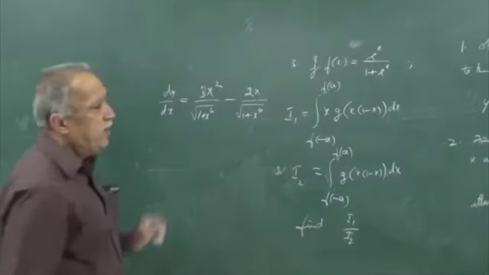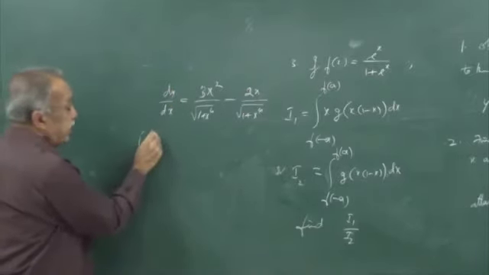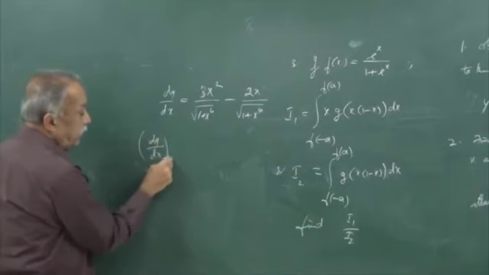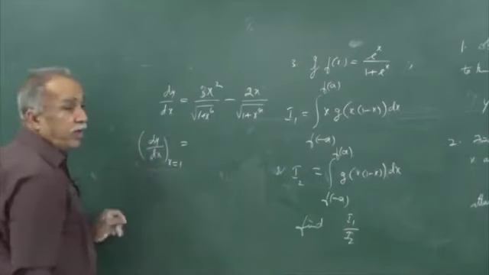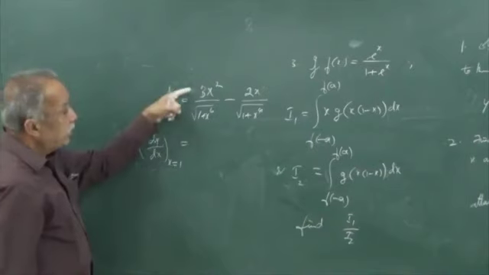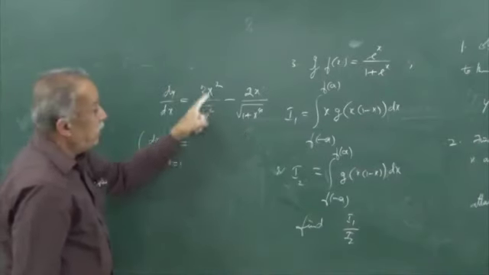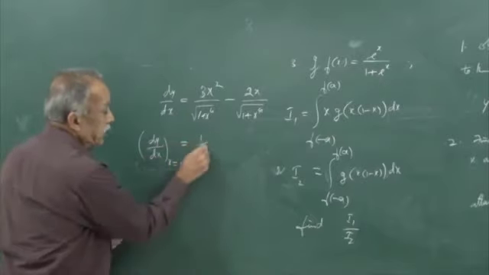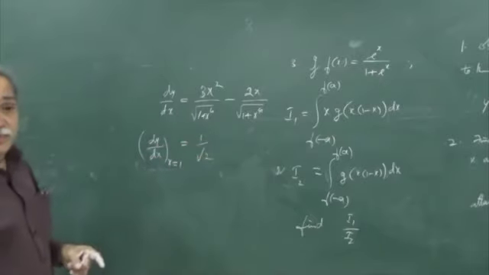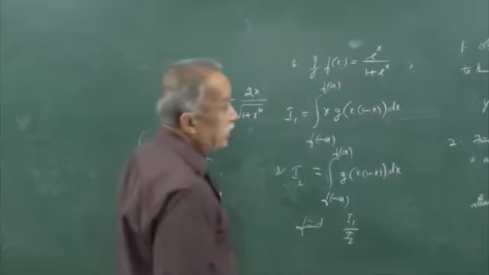So, what will be dy by dx at x equal to 1? The slope of the tangent that we are required to draw. It will be 3 by root 2 minus 2 by root 2, which is simply 1 by root 2. This will be the slope of the tangent.